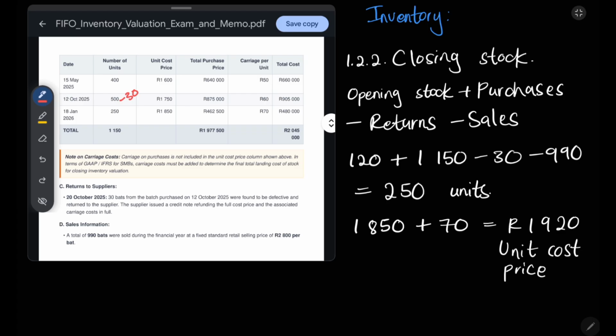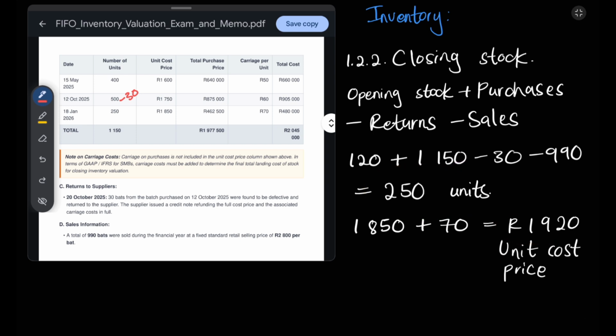Now, what should you do in the next step? Guys, remember something. In stock valuation methods, we want to find the value of our actual stock. So you have 250 units here, and you have your 1,920, which is basically your cost price. We have to say 250 times this 1,920, and that amount is the value of our stock.